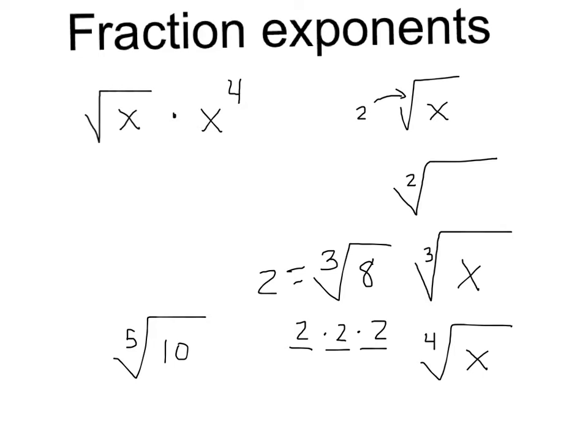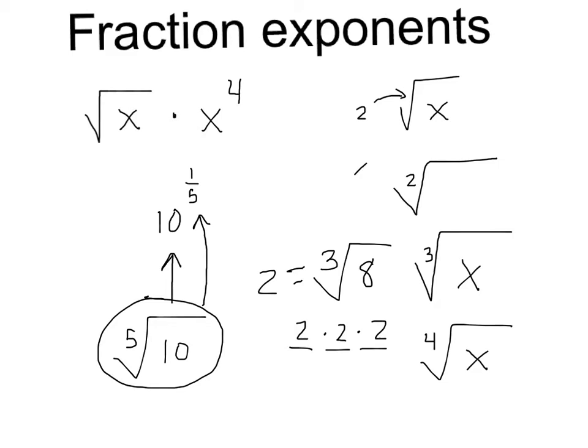Okay, so here's the basic information you need to understand. Fifth root is the same thing as taking 10 and raising it to the 1/5 power. The fifth root of something is the same thing as raising it to the 1/5 power.